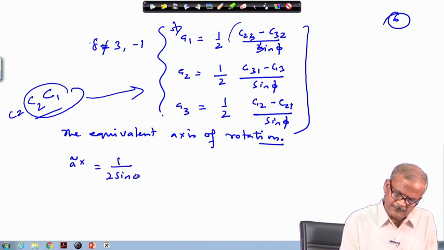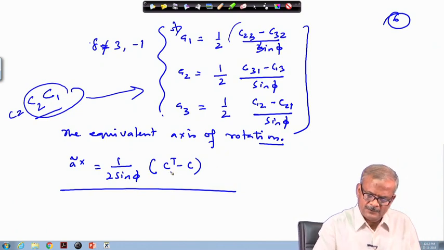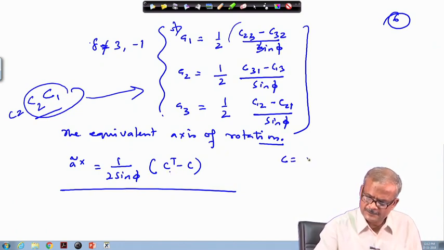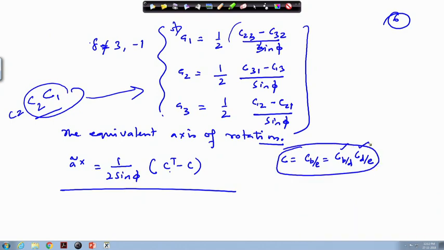For finding this out, this is the equation we have been using. Okay. So, for this here C is nothing but C B slash E, which you have written as B slash D C D slash E. So, we need to find this out, and then take the transpose of this, put it here in this place, put it here in this place, and then work with this to solve the problem.